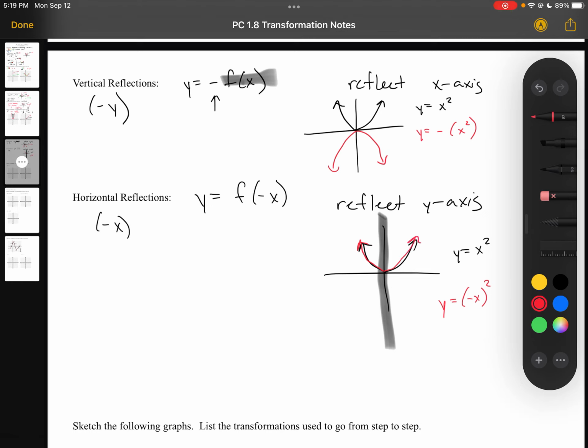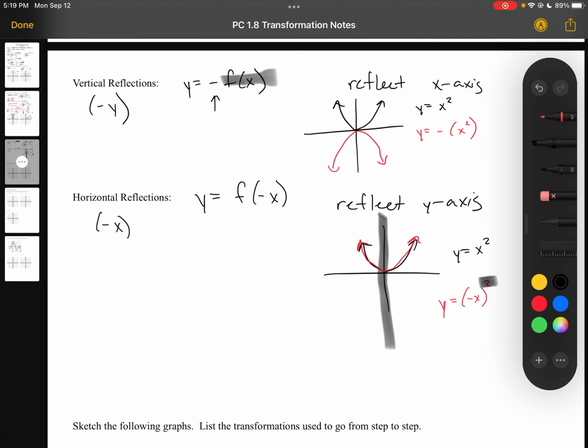You might be like, Mr. Reardon, in this example, it's the same. Well, that's actually true, because when we square something, the negatives cancel. So when we are squaring a negative inside of our parentheses, it's basically negating the negatives, so nothing is changing about this function. But technically, the reason that's true is because when you reflect it over the y-axis, because it's symmetrical, it actually looks exactly the same.